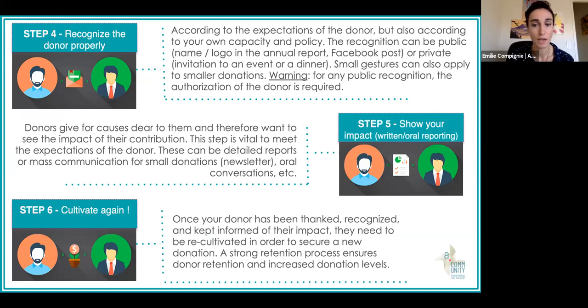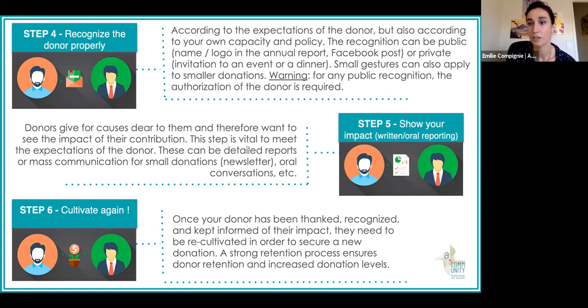It doesn't have to take lots and lots of time. You need to pick wisely and strategically the actions that you will implement. So recognition can be public, name or logo in the annual report, Facebook post, etc. Be careful that for any public recognition, you need the authorization of the donor.